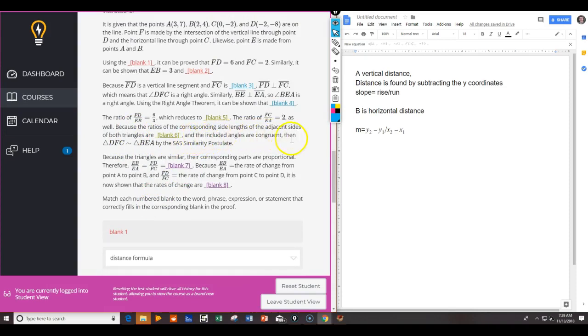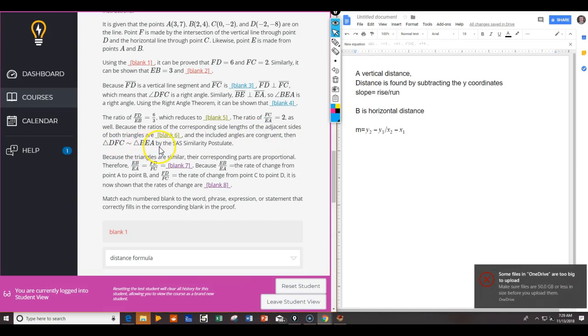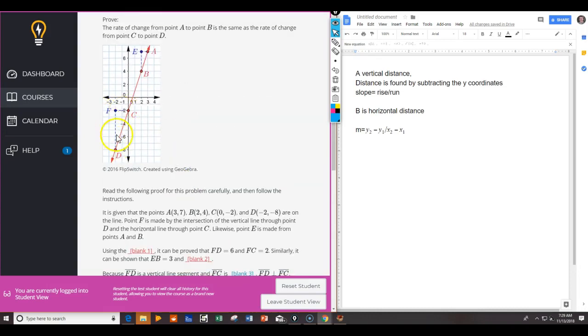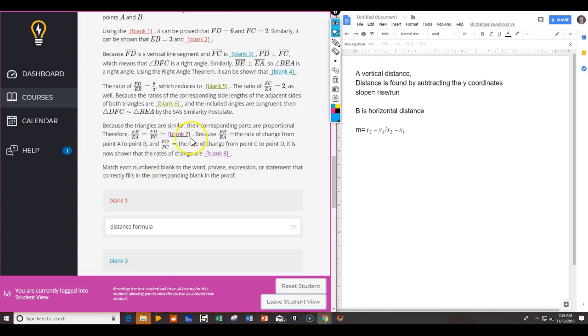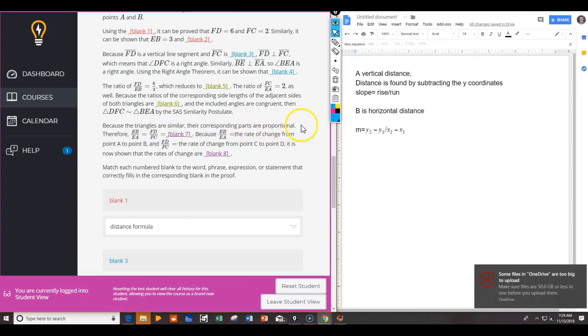And the included angles are congruent. Then triangle DFC is similar to triangle BEA by the side angle side similarity postulate. Alright, so that's saying that this triangle is similar to this triangle. So we're looking for blank 7. Because the triangles are similar, their corresponding parts are proportional.